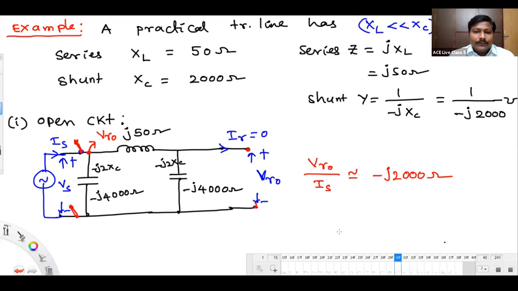Yeah, fine. Next, a small extension. Look here. Inverse it, reverse. You write it as IS by VR0, and you will get it as 1 by minus J2000. What is that IS by VR0?